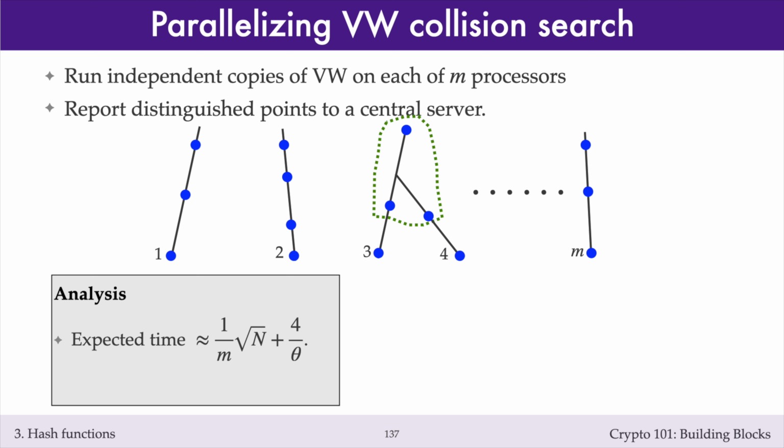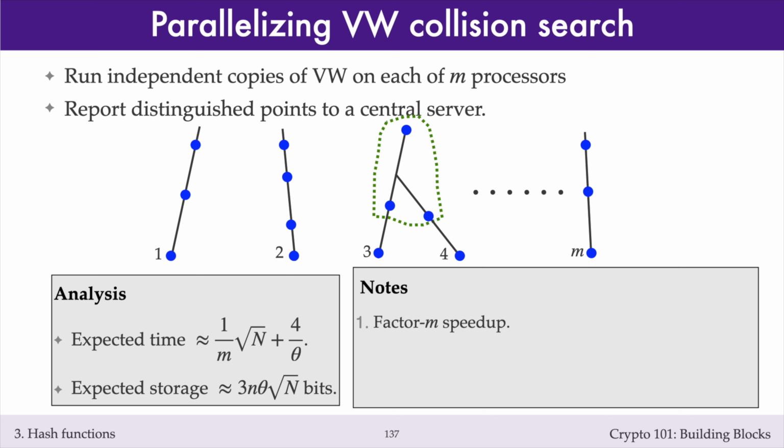And, as before, we have 4 over theta for the time to go from collision occurrence to collision detection, and to execute stage 2 of collision finding. The expected storage is unchanged. So we have a factor m speedup in the expected running time of VW.